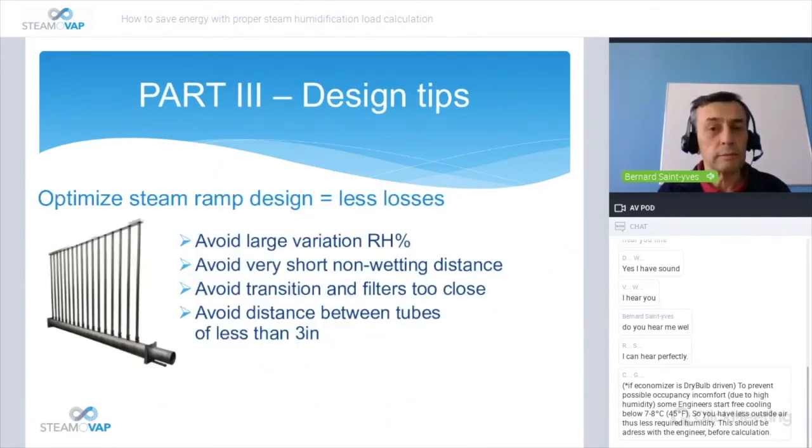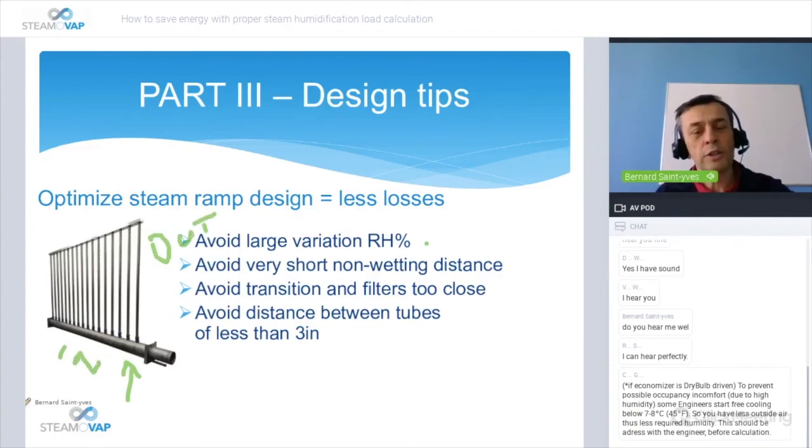And then I'm finishing with the tips that we always give to every engineer we are meeting. Avoid large difference of entering and leaving condition of what they sometimes call the humidifier or the steam ramp, what's in and out. If you have a large difference, you will have possible trouble because the air will not be able to absorb this.